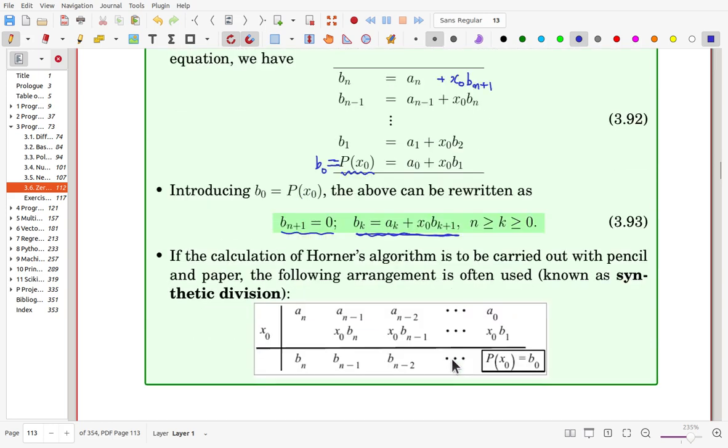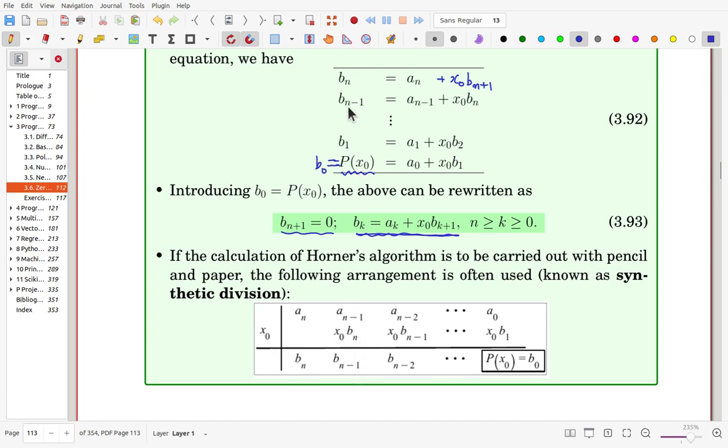Now, if we use a table technique, then it is known as synthetic division. I believe you learned this from high school. Here, the coefficients are collected, and a_n goes down to become b_n. With x0, we multiply these two, put the product here, and add.